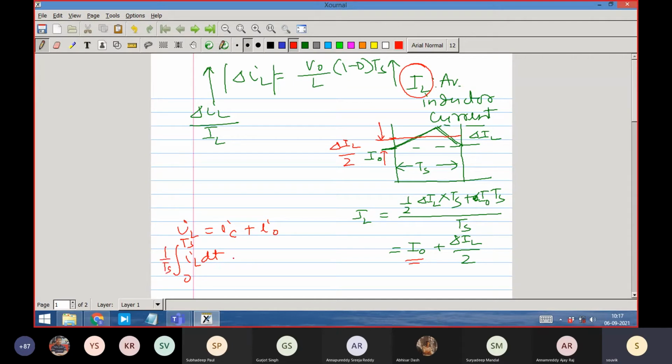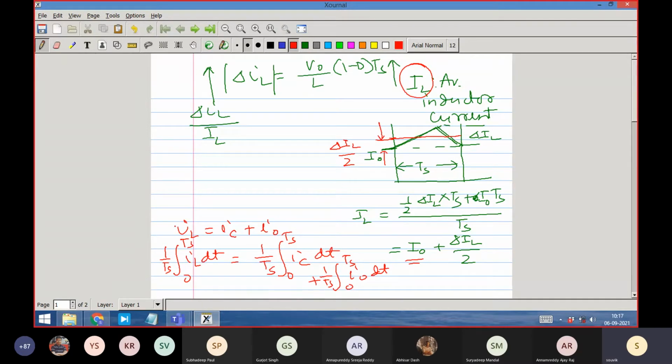That means 1 by Ts, integral 0 to Ts of IC dt, plus 1 by Ts integral 0 to Ts of I naught dt. I am doing an averaging of the basic equation.